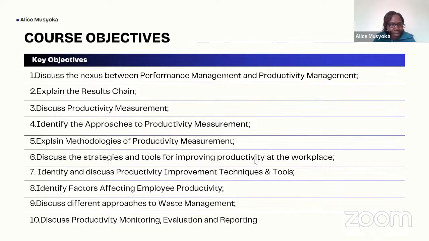We will discuss productivity measurement, identify the approaches to productivity measurement, explain methodologies of productivity measurement, discuss strategies and tools for improving productivity at the workplace, identify and discuss productivity improvement techniques and tools, and identify factors affecting employee productivity, discuss different approaches to waste management, discuss productivity monitoring, evaluation, and reporting.